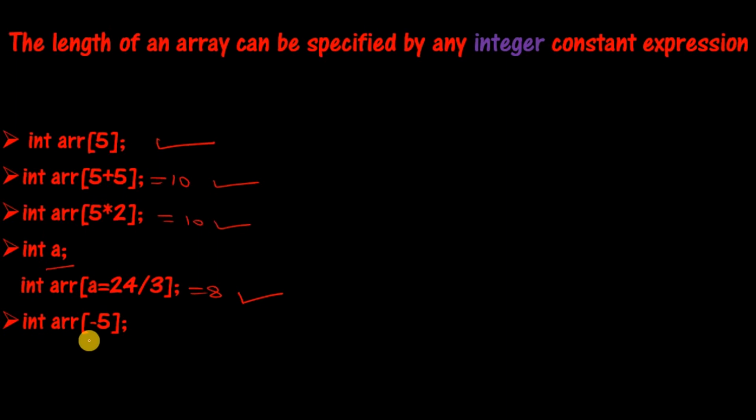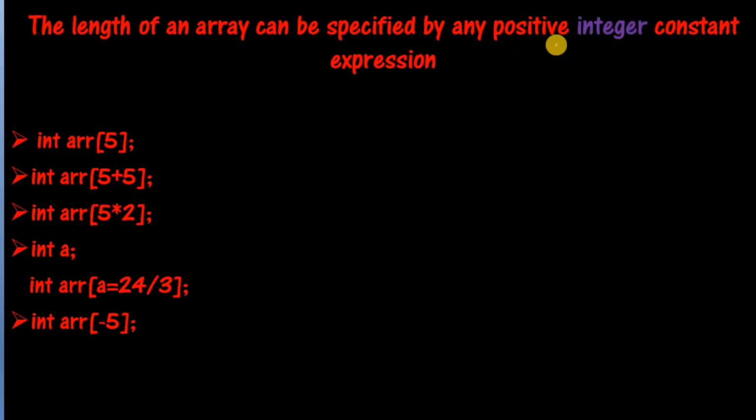But what about this? Can length be negative? This is not a correct length of an array. Length of an array cannot be negative. So this is wrong. It does not make any sense. Therefore, the length of an array can be specified by any positive integer constant expression.